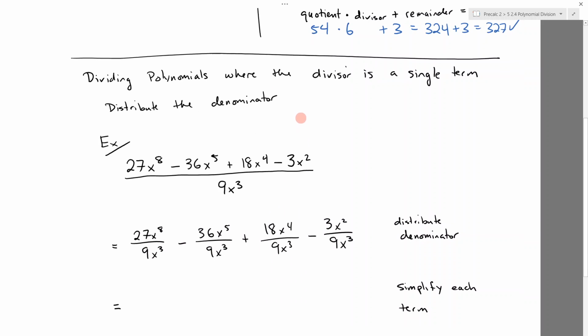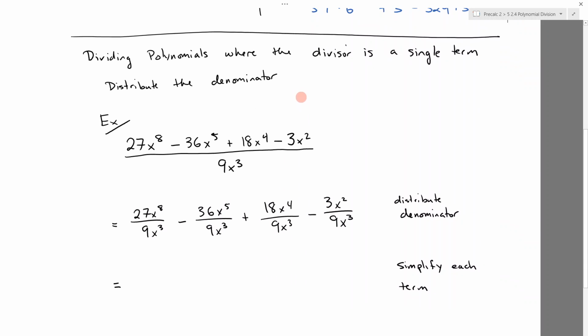Okay, so now let's get to dividing polynomials. The first kind of way we're going to divide is when the divisor has a single term. This is important because this method only works when the divisor has a single term, like this.